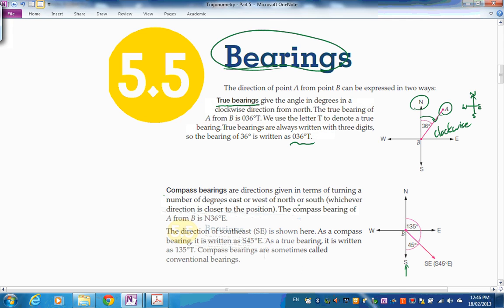What's the other way of doing it? It's called compass bearings, where you give the same idea of turning, but you start at north or south, whichever one's closest. So here, if we were going to this point here, we would face south because north is too far away. So we face south and then tell people to turn back towards the east by that amount, 45 degrees. So the bearing statement is south 45 degrees east.